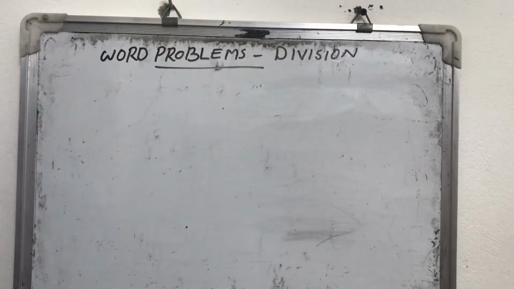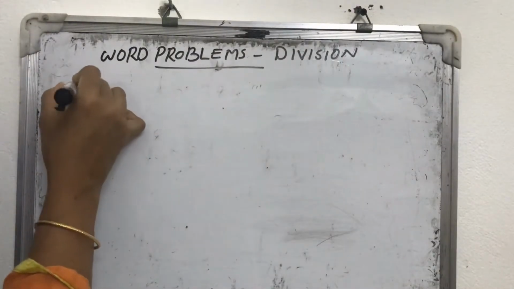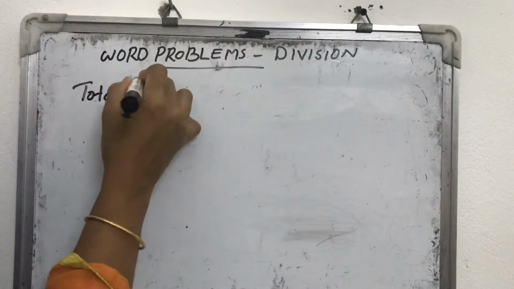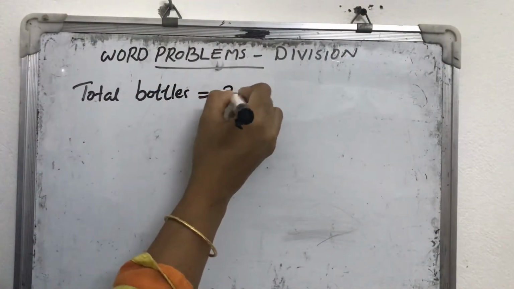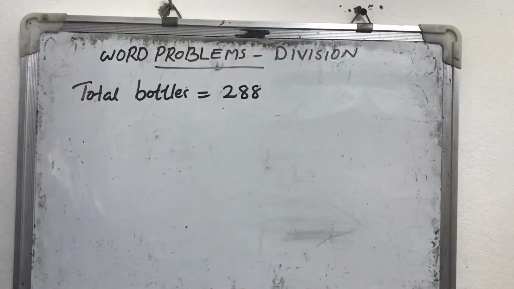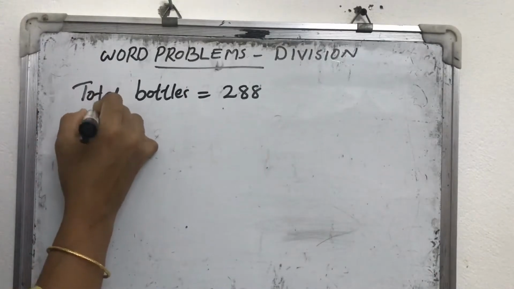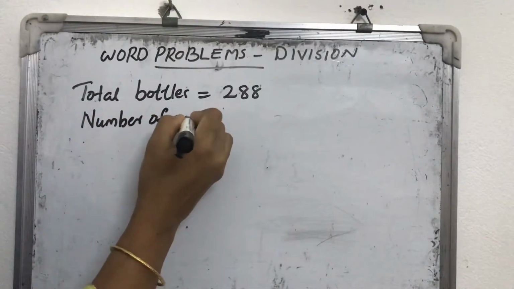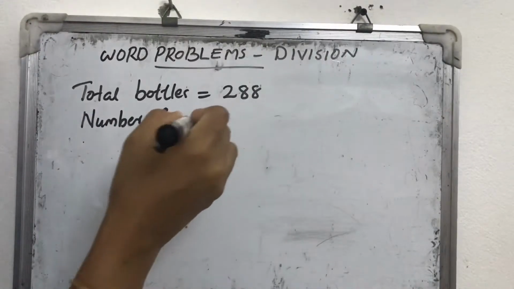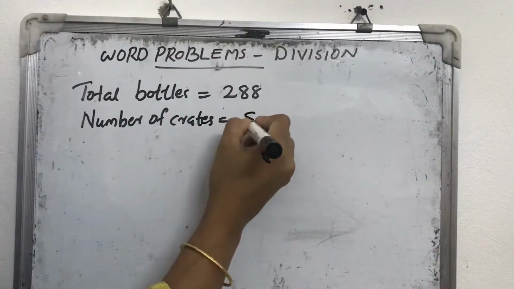So here we want to divide 288 by 8, then we will get the answer. So we need steps. First we can write total number of bottles. Total bottles equal how many? 288 bottles. And next is given how many crates are there? Number of crates, that is given. Number of crates equals 8.